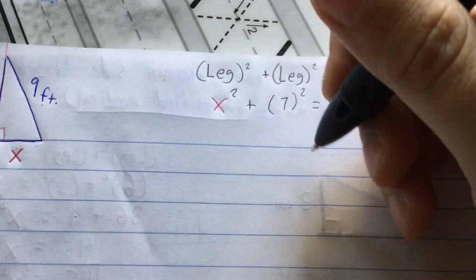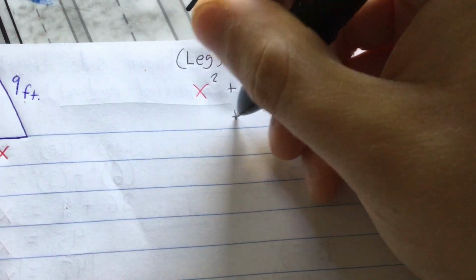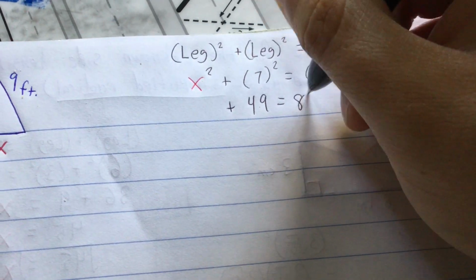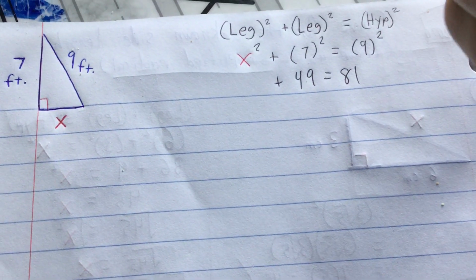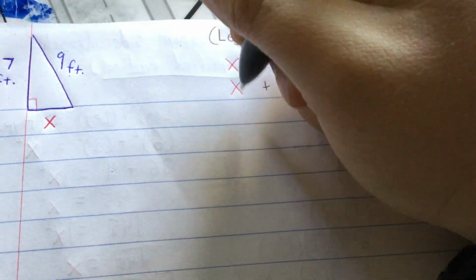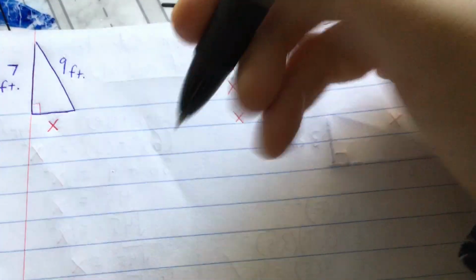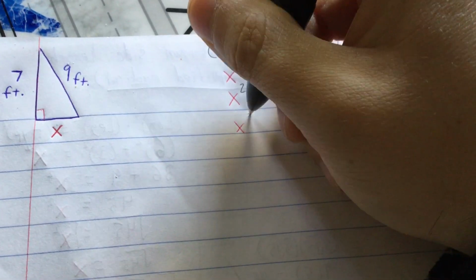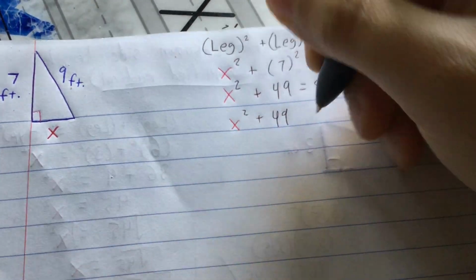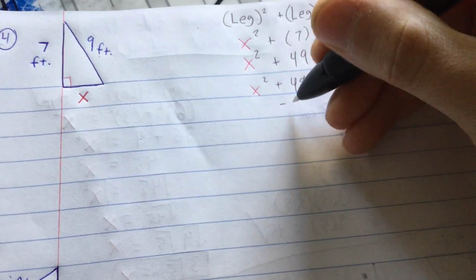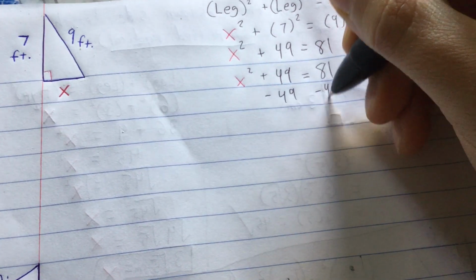So we've got x squared plus 49 is equal to 81. So how do I get x isolated? For x squared plus 49 equals 81, I'm going to subtract 49 from both sides.